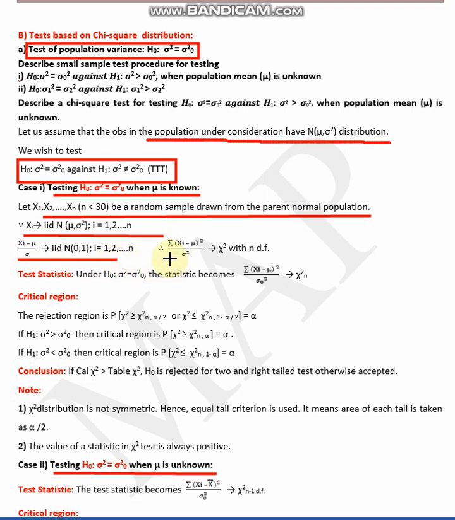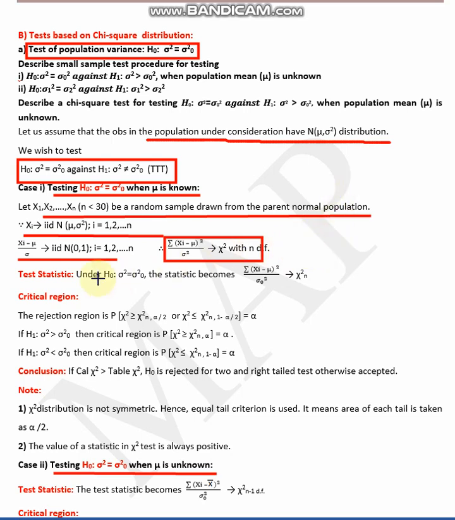And if I square this and sum, summation (xi minus mu) square divided by sigma square follows chi-square with n degrees of freedom. Since I am adding all the sample values, the degrees of freedom becomes n. If only one variable x is there, then (x minus mu) square divided by sigma square follows chi-square with 1 degree of freedom.